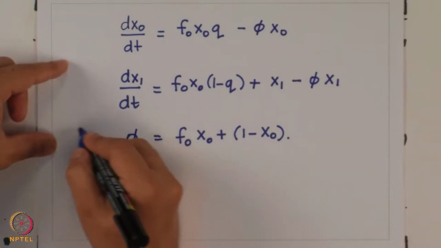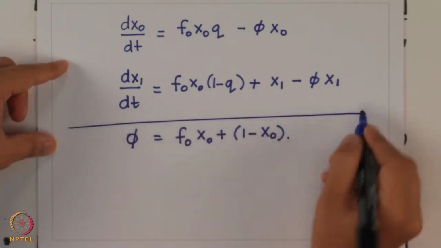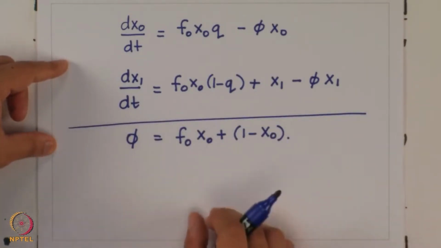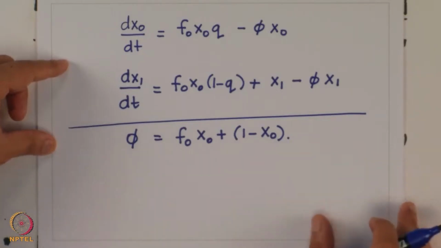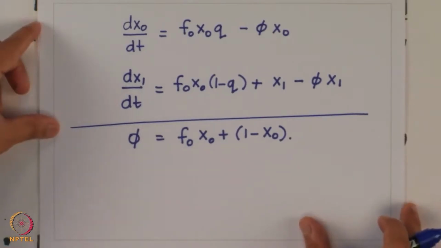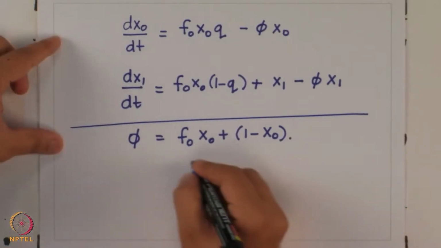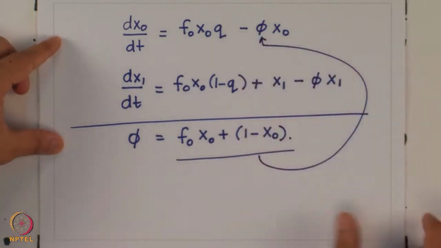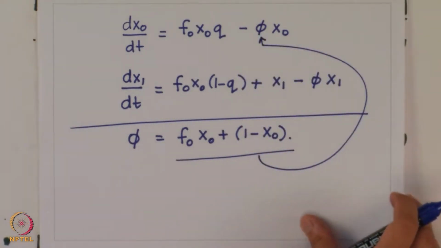Phi, which is the mean fitness, can be represented via this relationship, and that is just using the fact that x0 plus x1 is equal to 1 at any given point in time, because the population size is fixed. Now we are going to substitute this definition of phi here and see what the equation tells us.